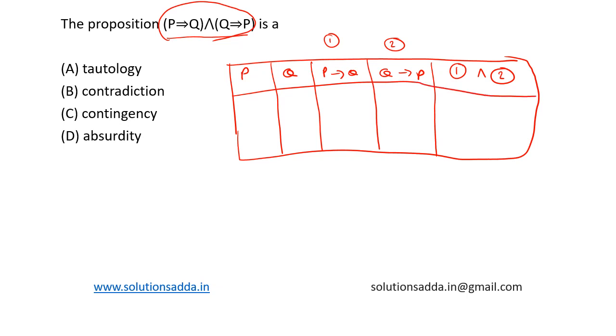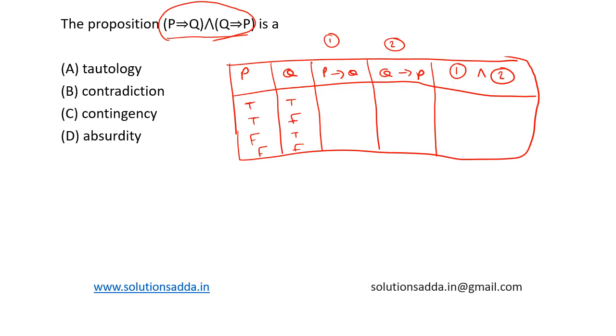Let's write the values. True, true, true, false, false, true, and false, false. So P implies Q is only false when P is true and Q is false.